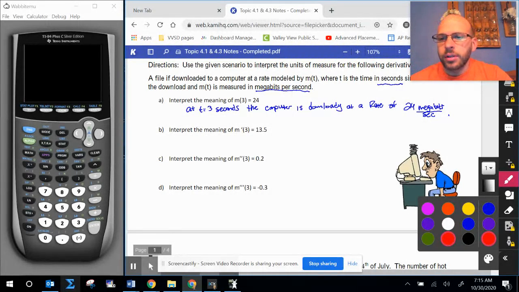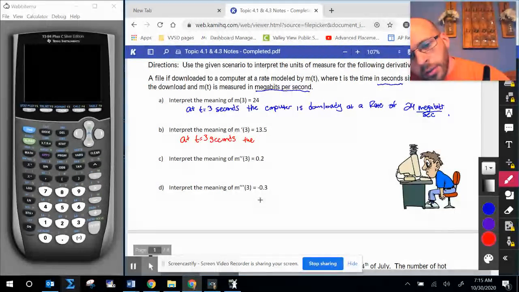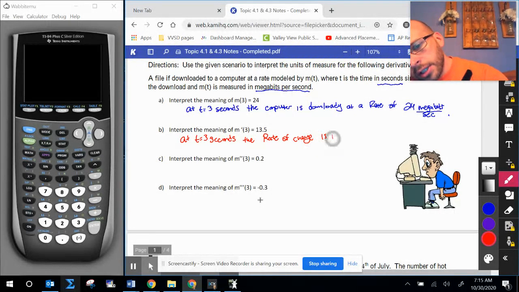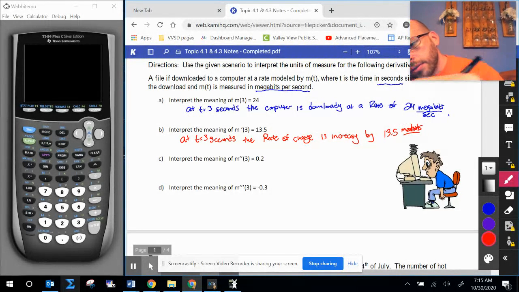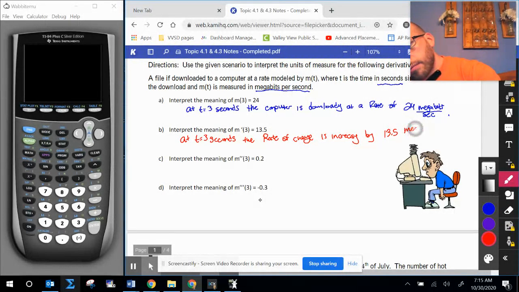If I tell you m prime of 3 equals 13.5, I can say at t equals 3 seconds, the rate of change is increasing by 13.5 megabits per second squared.